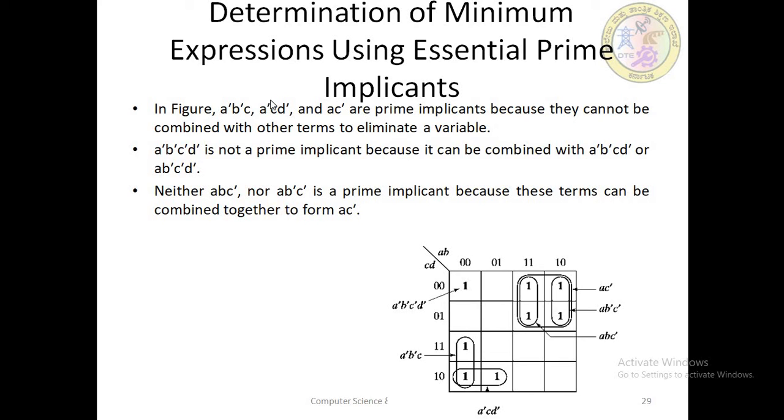In the figure, these combinations are prime implicants because they cannot be combined with any other two terms to eliminate a variable.